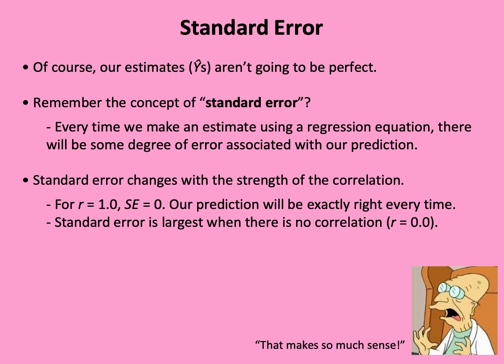Every time we make an estimate using a linear regression analysis, there will be some degree of error associated with our prediction. And we see this with correlations as well. So for example, if we have a perfect correlation or a Pearson R of 1.0, then standard error is equal to 0 because our prediction will be exactly right every single time, right? So another way of saying that is standard error is greater when there is no correlation between x and y.